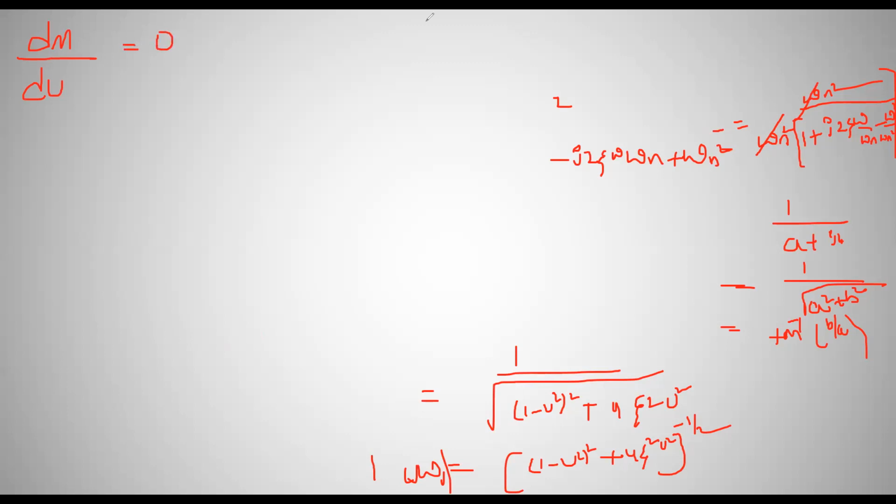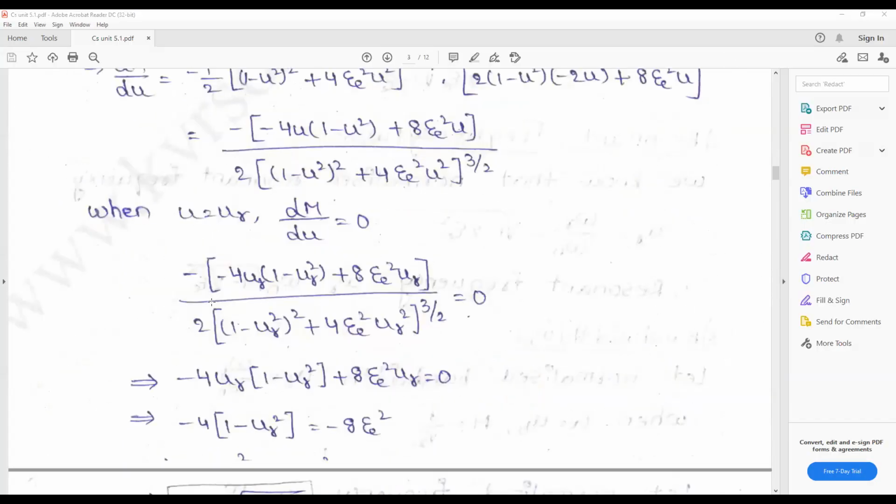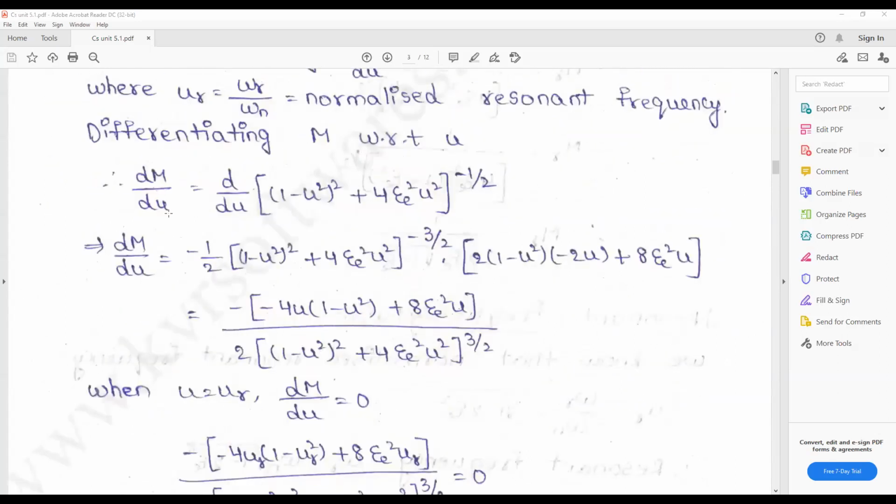Okay, so this is the process. Then differentiate M with respect to u. Using the x power n formula, d by dx of x power n is n into x power n minus 1.